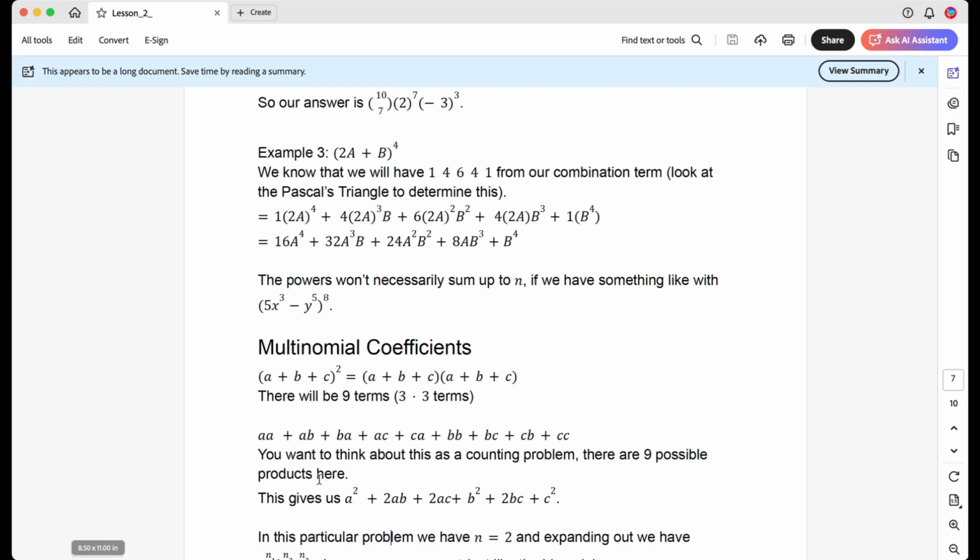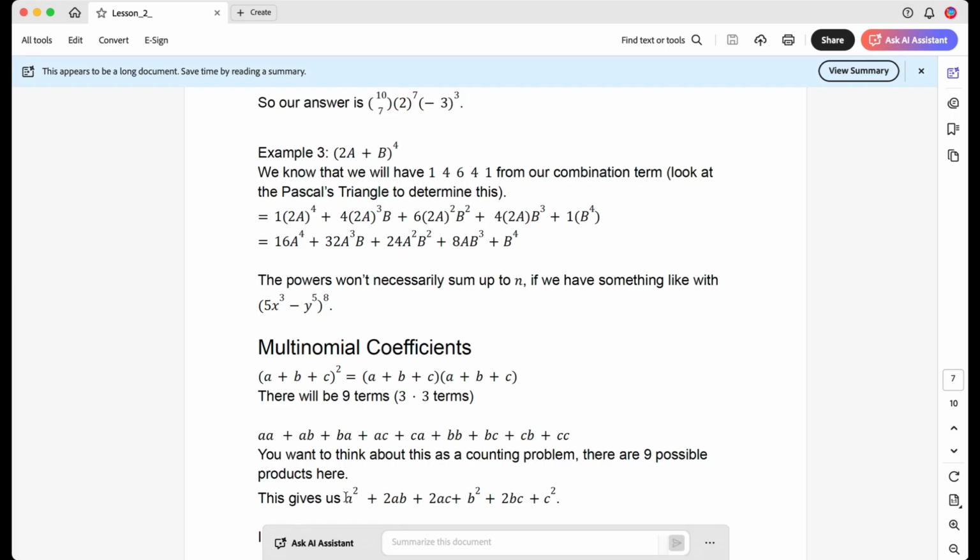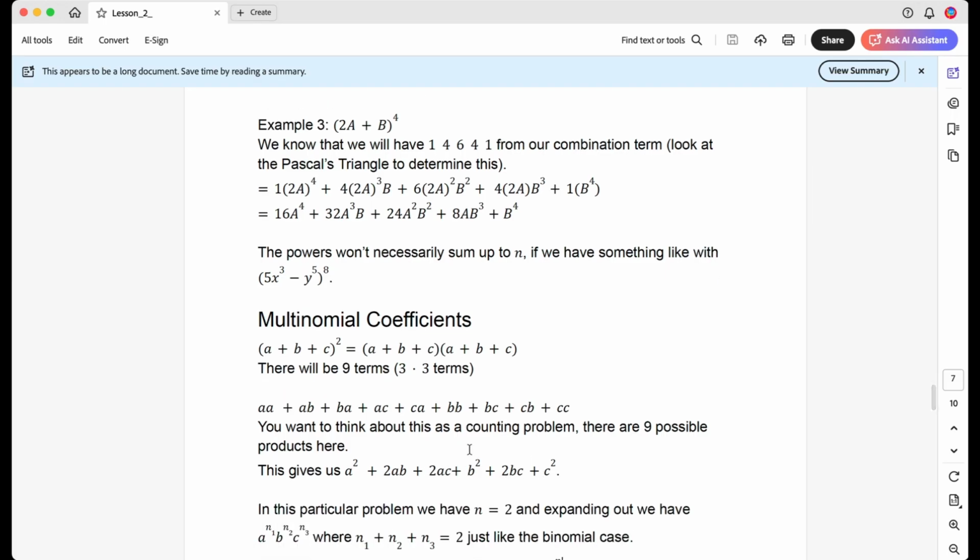And so the coefficients here, different from Pascal's triangle, are 1, 2, 2, 1, 2, 1. And so we still have a situation where the powers on the variables will add up to n. In this case, the powers on each term, combining the variables, all add up to 2.